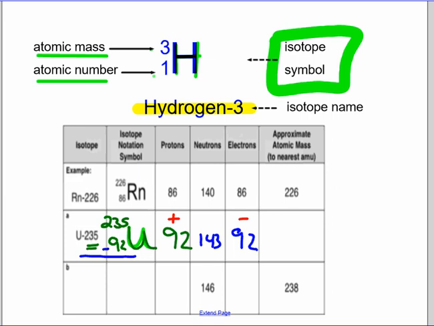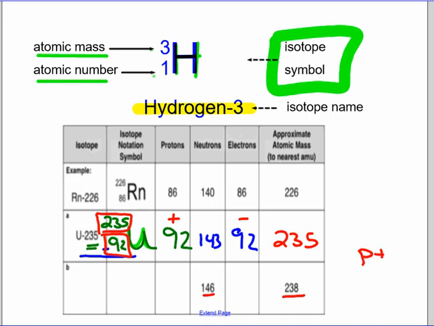Isotopes are still atoms. The approximate atomic mass of this element is 235. Remember, this number tells us the mass of the element, and this number tells us the atomic number. In the bottom example, we can see that we're going to have an element that weighs 238. 146 of that came from neutrons.